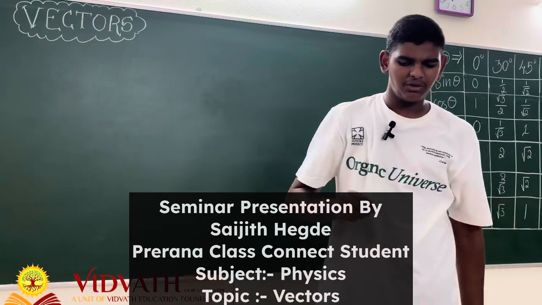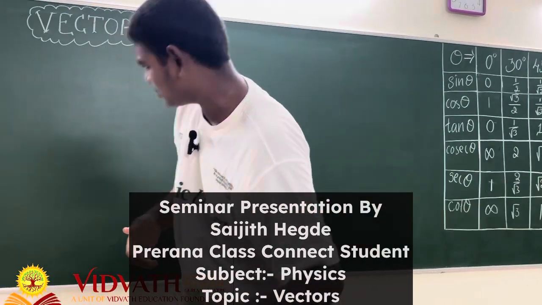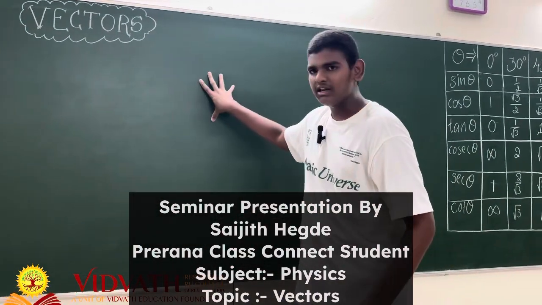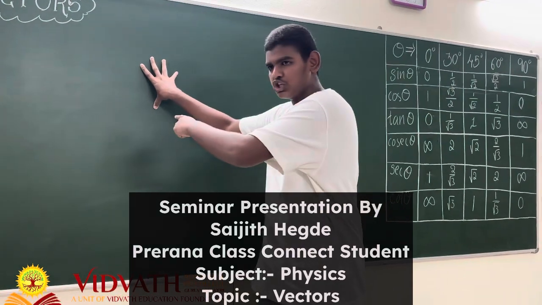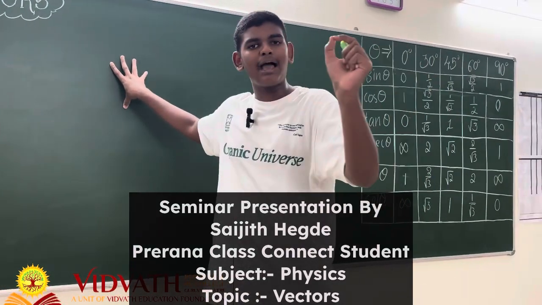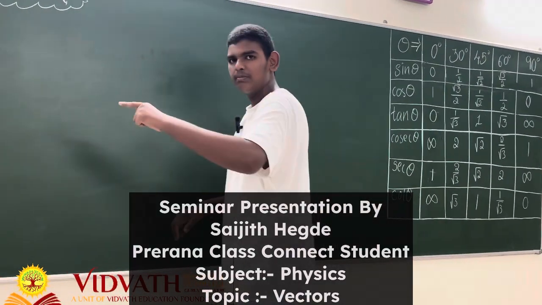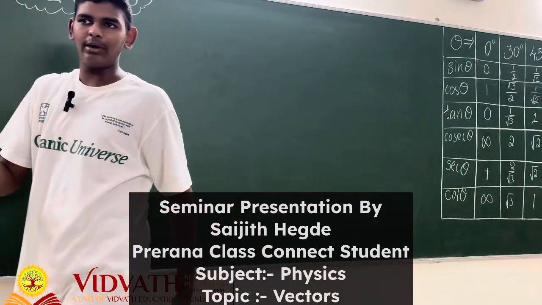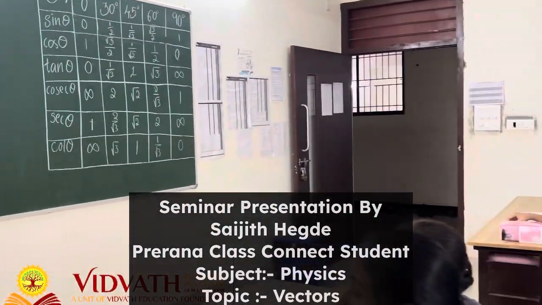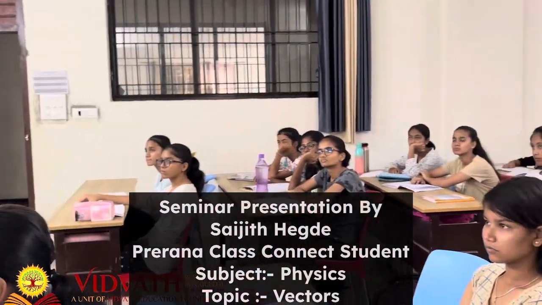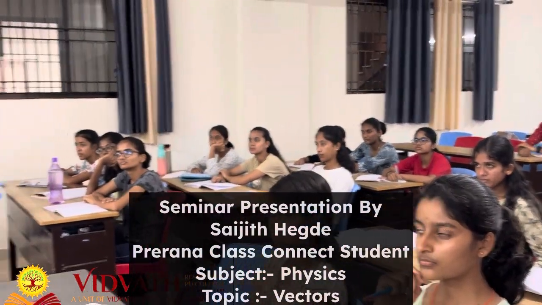What have you observed? Was it just a joke done by me? Absolutely not. What I've done here is applied force in one direction and applied another force of the same magnitude in the same direction. That is what happens in equal vectors. When a magnitude or a force is applied in the same direction, it is known as equal vectors.